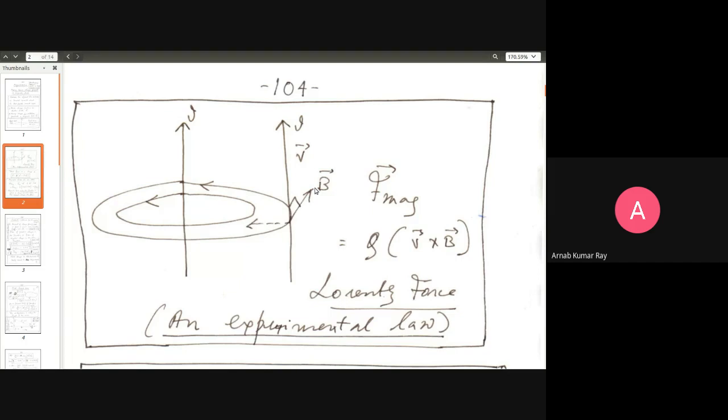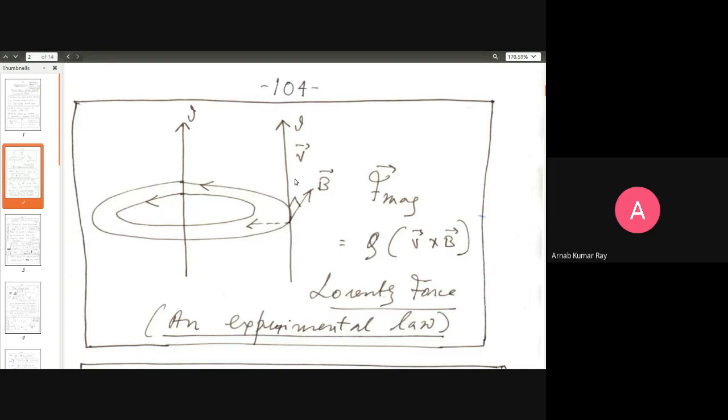The direction of the cross product, V cross B, will be perpendicular to the plane that contains both V and B. But then there are two perpendiculars to that plane. In this case, this is V going upwards, this is B going inwards. So this is the plane, so to speak.